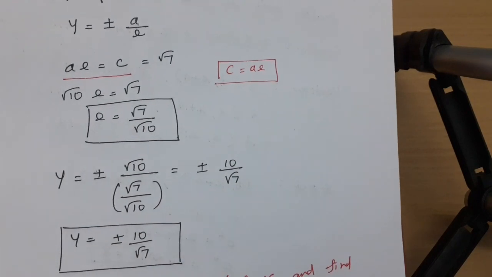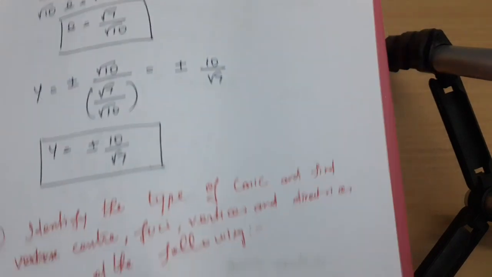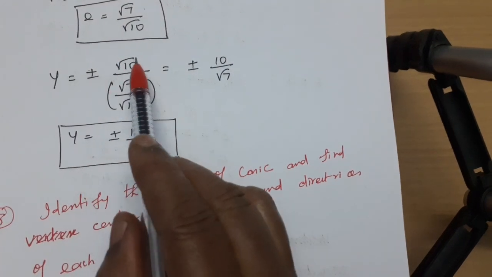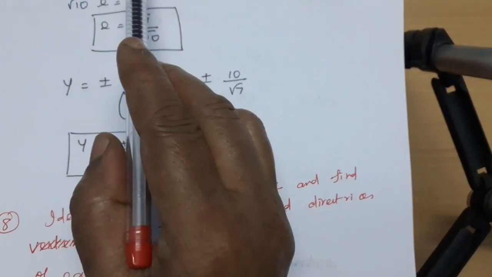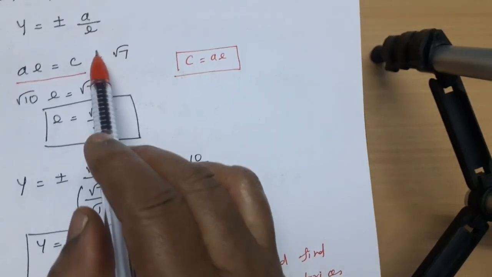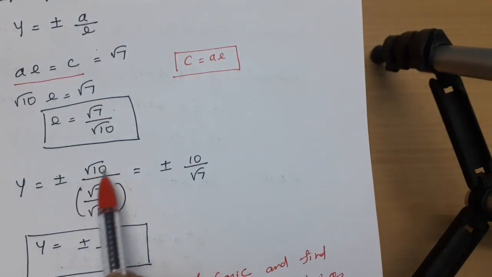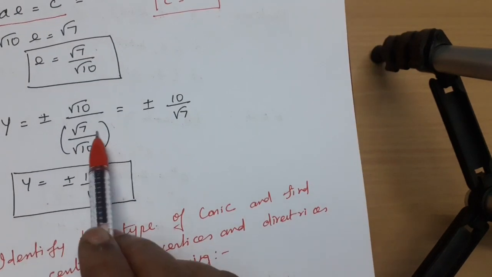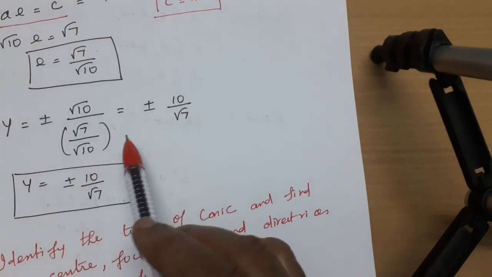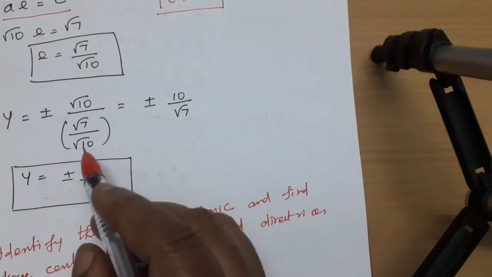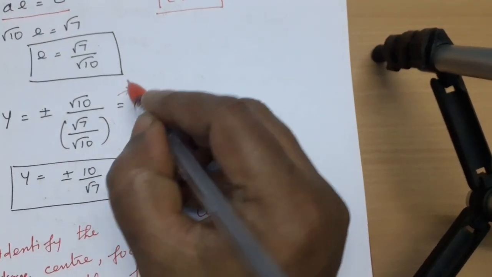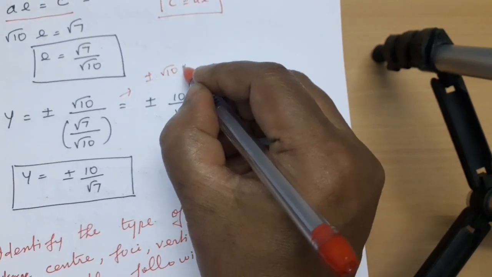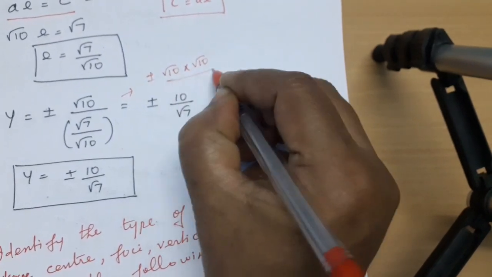What is the equation of the directrix? Y equal to plus or minus a by e, because the directrix is a divided by e. Instead of a, you substitute root 10, divided by our e value, which is root 7 by root 10. So you just write the reciprocal: plus or minus root 10 into root 10 divided by 7.